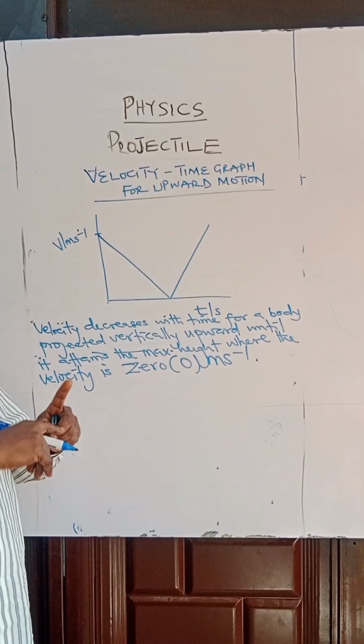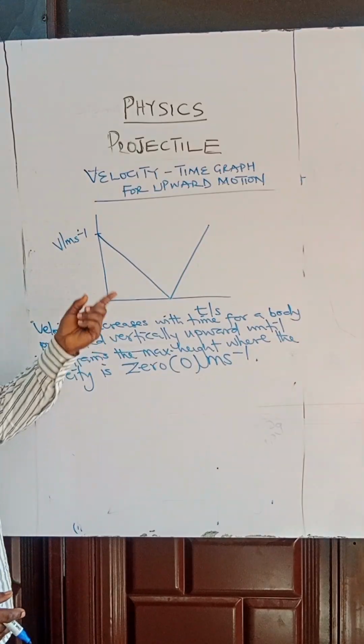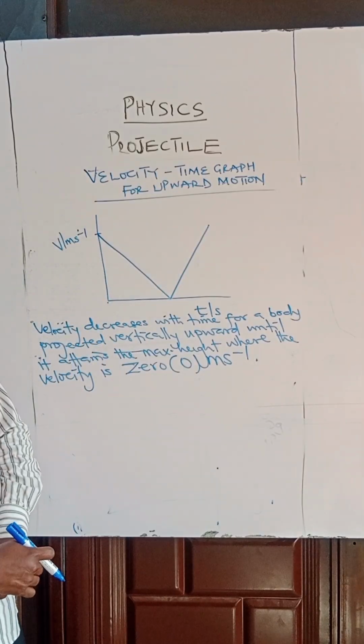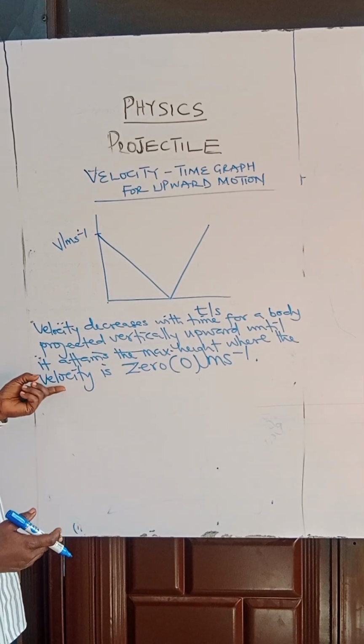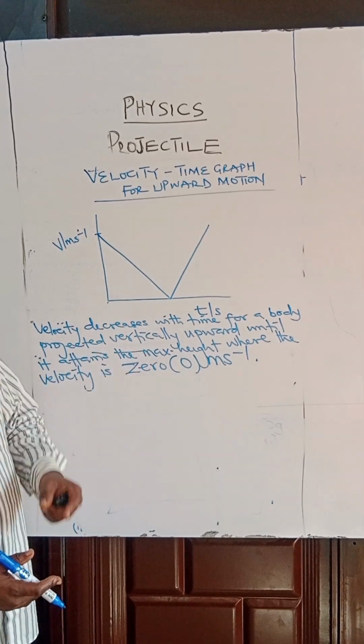Velocity decreases with time, as shown in the diagram here. With an example, you will understand the meaning of velocity being 0 at maximum height.